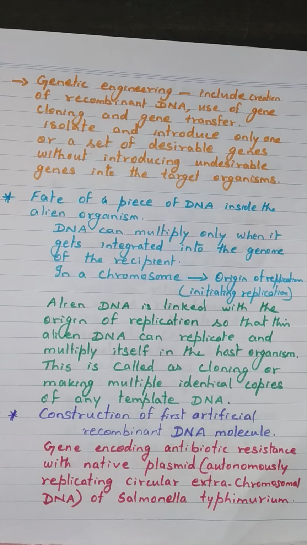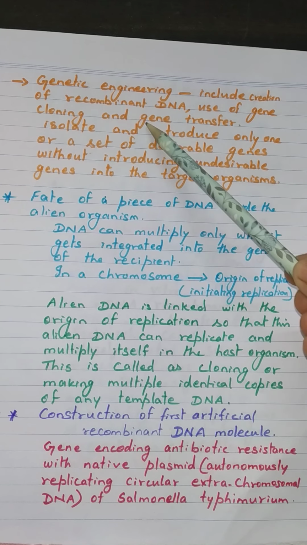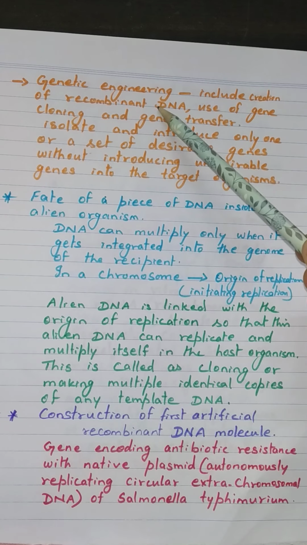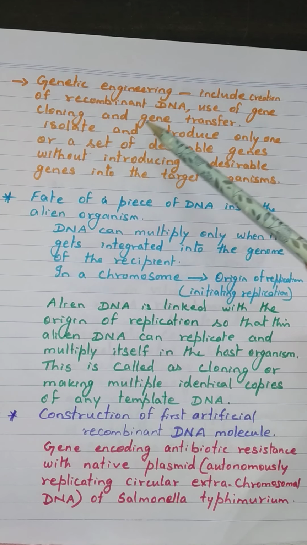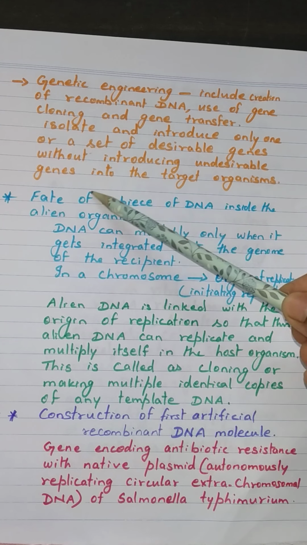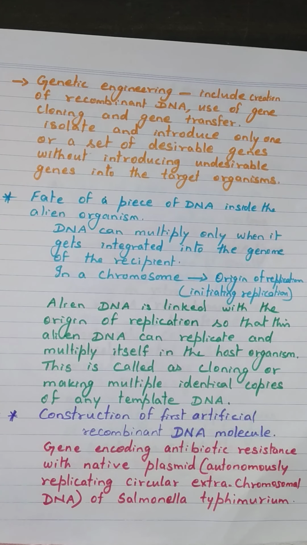This includes creation of recombinant DNA, or new DNA, and use of gene cloning and gene transfer. These are all different techniques. They isolate and introduce only one or a set of desirable genes without introducing undesirable genes into the target organism. Here in genetic engineering, only the desirable genes are identified and selected, and they are introduced into the host organism and allowed to multiply inside the target or host organism.